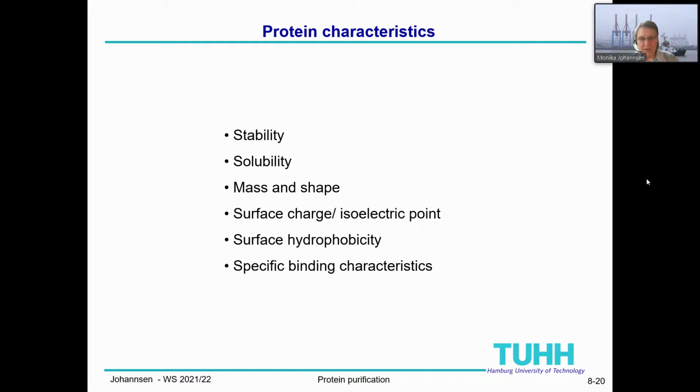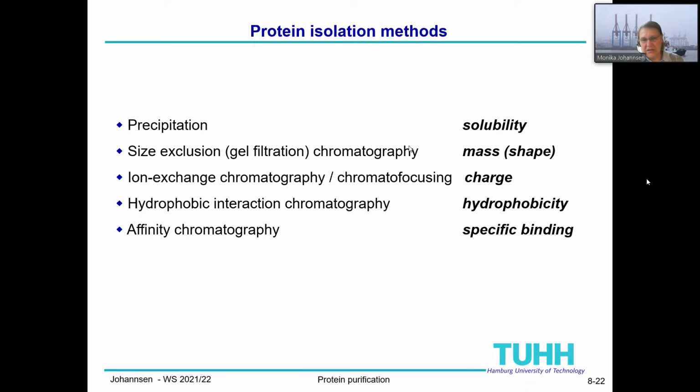So we have to perhaps avoid high temperatures or high acid concentration and so on. There might be several different factors we have to take care of in order to have a stable protein solution. Oxidation might be a problem. However, these other characteristics we can use as mechanisms in separation methods.